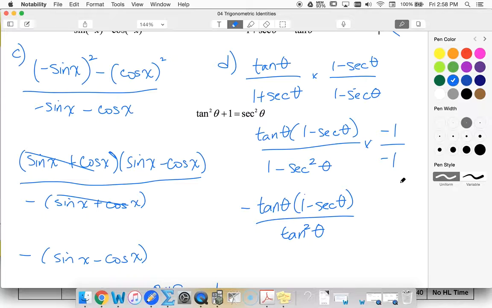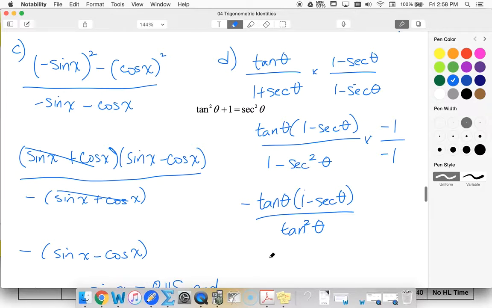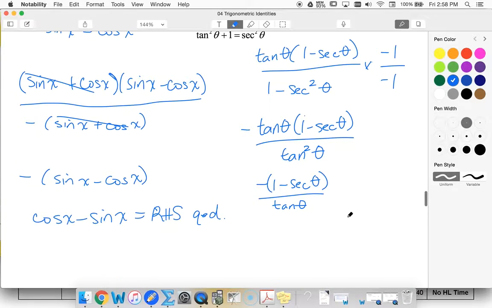So I have left basically what I'm looking for. So let's just simplify it out. We'll have negative 1 minus secant theta over tan theta. And then rearranging so it looks exactly like the top, that's secant theta minus 1 over tan theta, which is our right-hand side as we wanted.